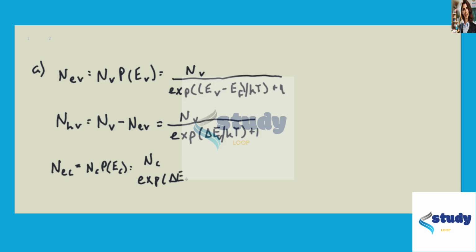The exponential of the difference for the conduction band, for the thermal energy, plus 1. So since these two things are supposed to be equal to each other, then these two things are equal, and that's what we were asked to show.